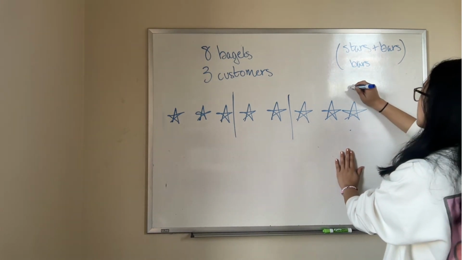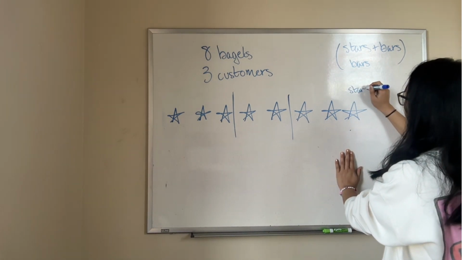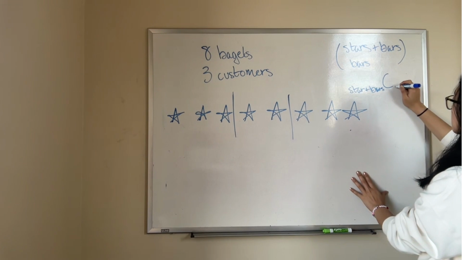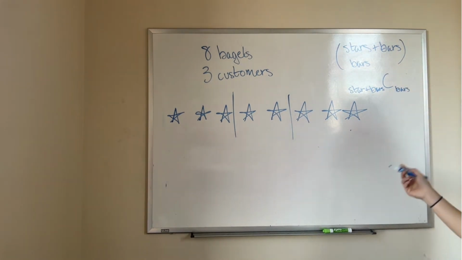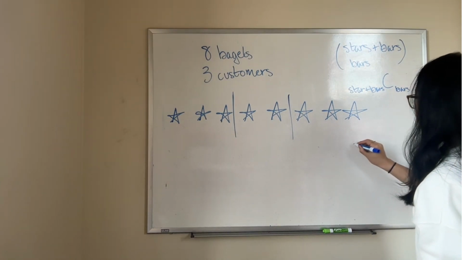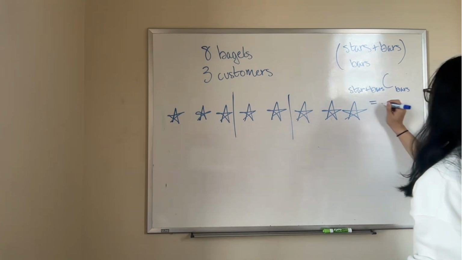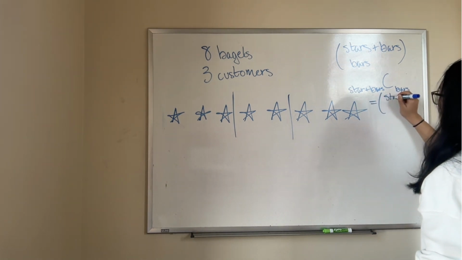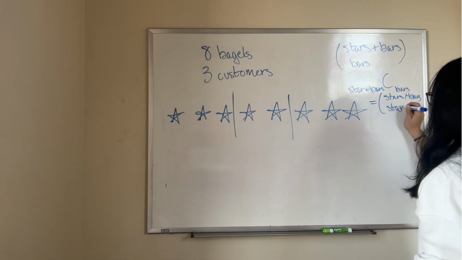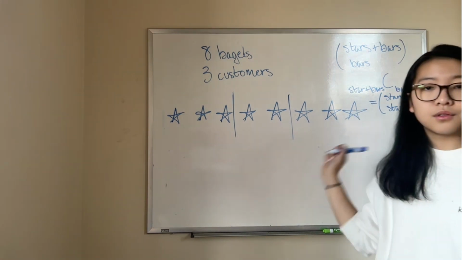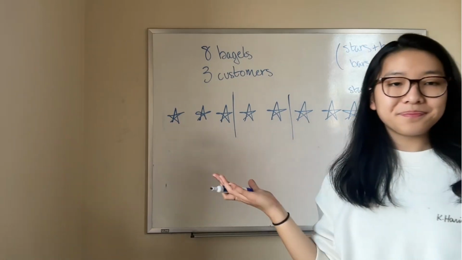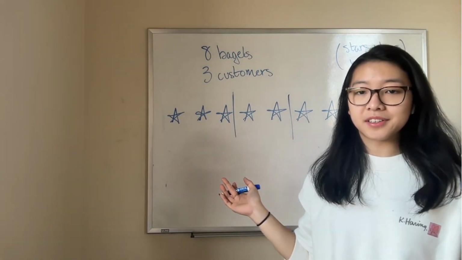Or if you prefer the notation with the C, stars plus bars choose bars, which, if you know your combinations well enough, is also equivalent to stars plus bars choose stars. So you can choose stars or bars, it doesn't really matter. I'm not going to prove why that's correct, but you can do it by writing out every single stars and bars combination.